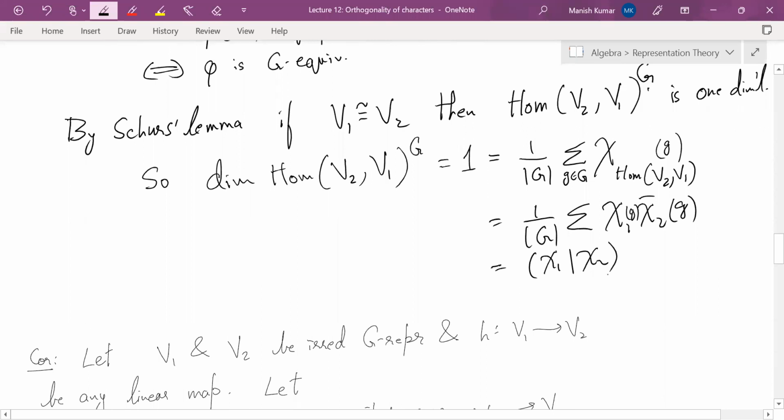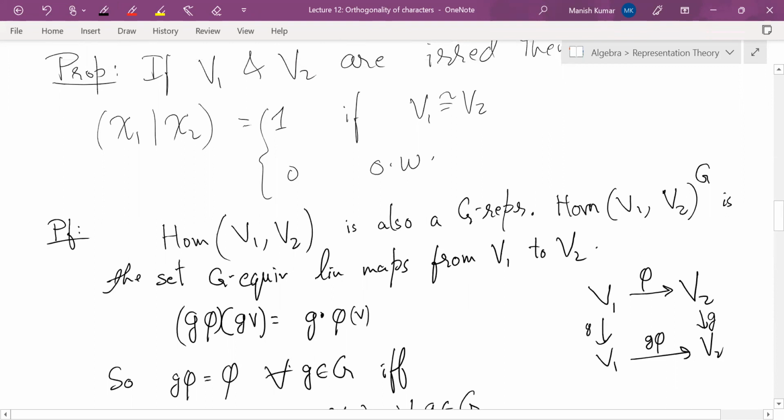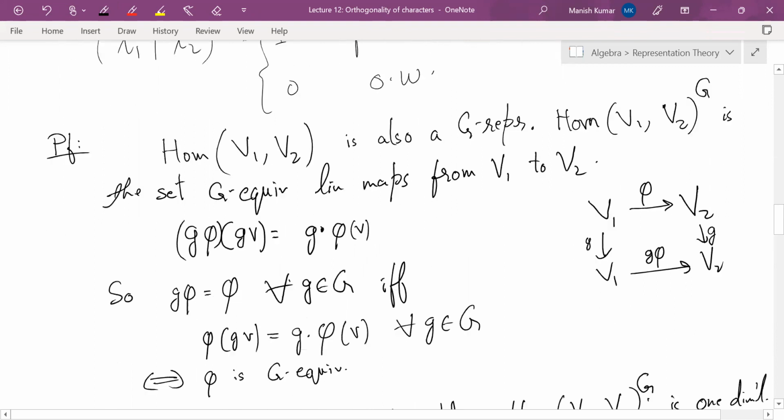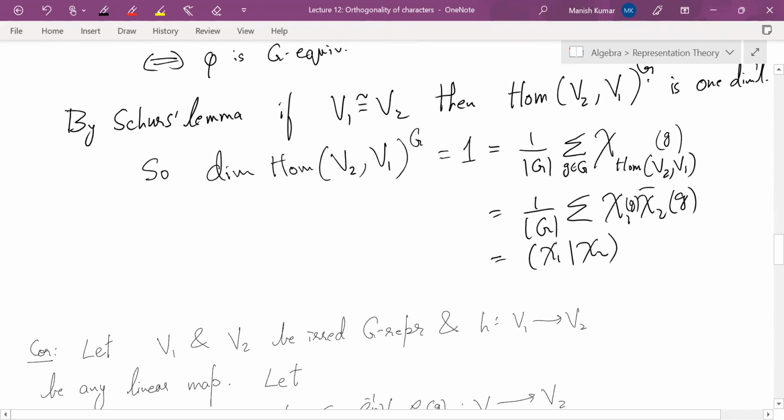Okay, so that takes care of when V1 is equal to V2. And if V1 is not equal to V2, then of course we know there are no equivariant maps. So let's write that line as well.